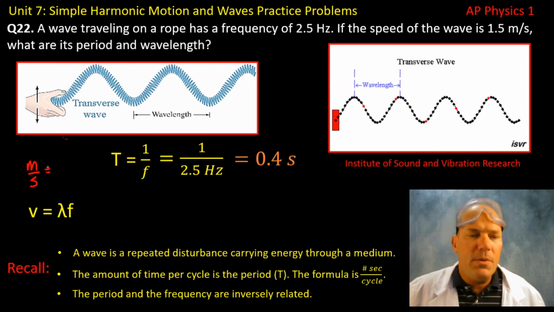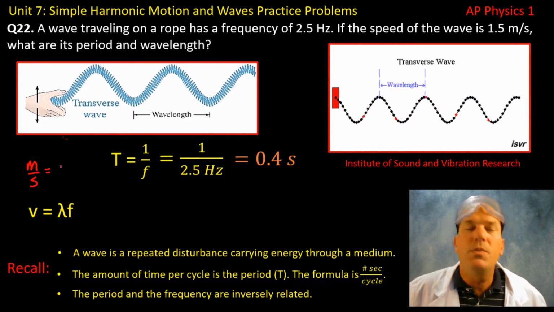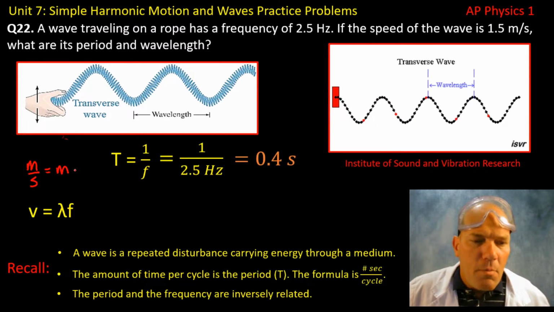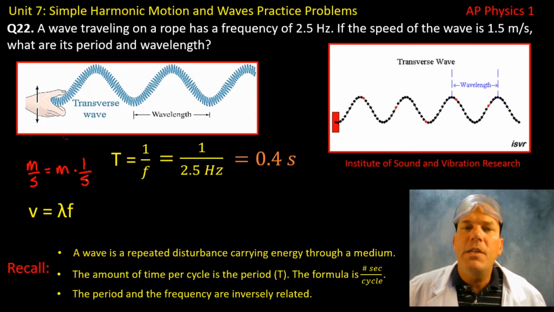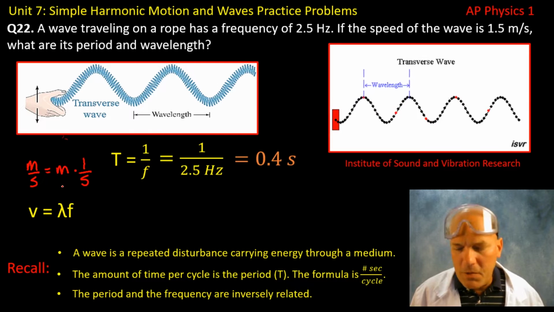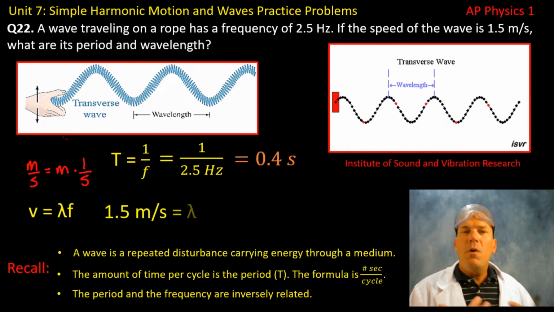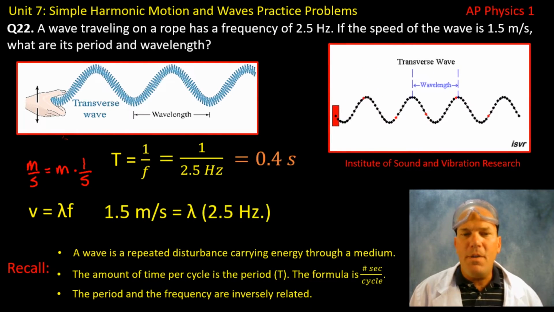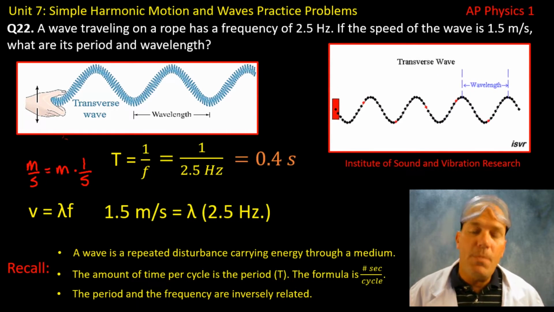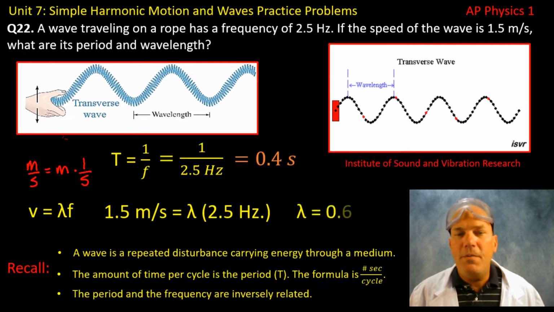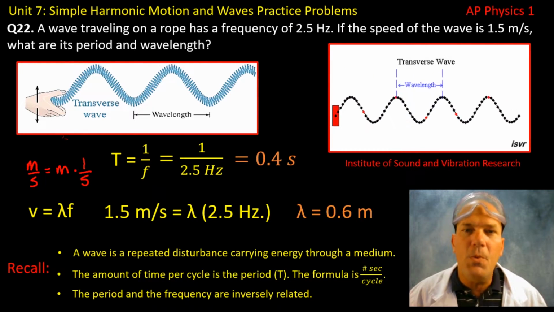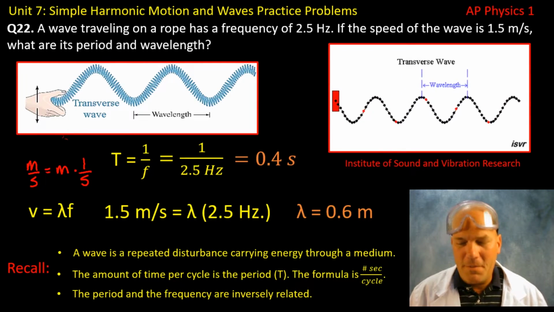So we have meters per second, and that should be equal to the wavelength, which is measured in meters, multiplied by the frequency, which is the inverse of a second. And as you can see, we get meters per second. So 1.5 equals lambda, or the wavelength, multiplied by our frequency, 2.5 hertz. So we can find that the wavelength in this problem is 0.6 meters.